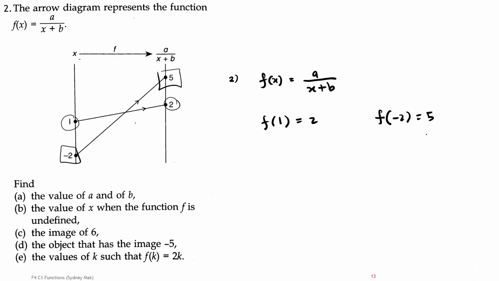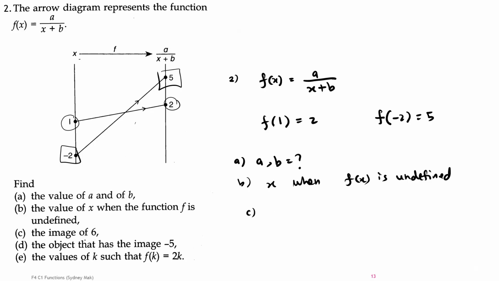Understand? Okay, so can you copy this one first? Number 2, copy this. Then A, you got to find a and b. And then B, you got to find x when f(x) is undefined. Copy first, then go back and try.